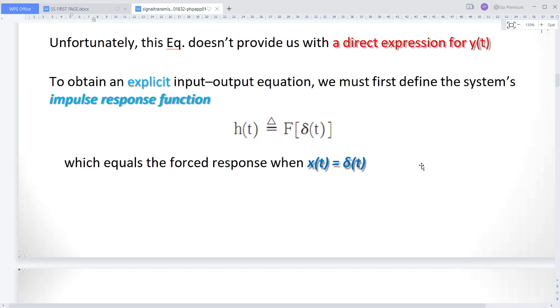Delta of t we have discussed in the first unit: it is the continuous time impulse signal or function which has an amplitude of 1 at t equals 0, and an amplitude of 0 for the remaining values of t except t equals 0.